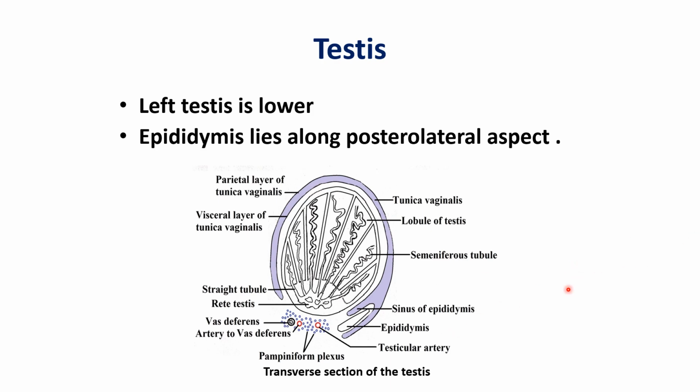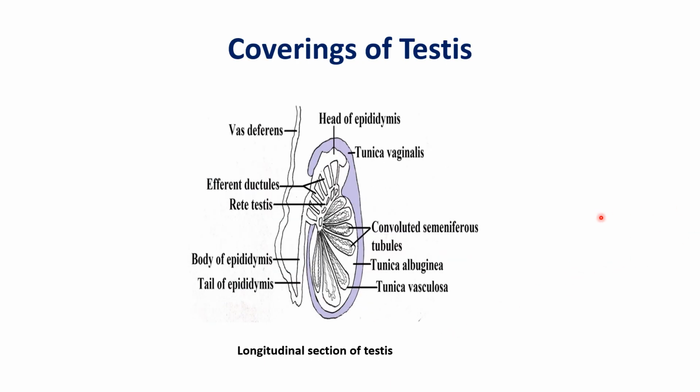This diagram of the transverse section of the testes one should also know. Tunica vaginalis is the outermost layer, tunica albuginea is the inner layer, and the innermost layer lining the lobules is vascular and is called tunica vasculosa.